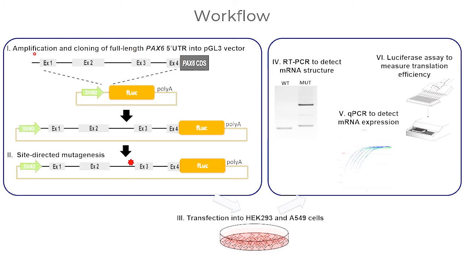For this, we cloned a full-length PAX6 5' UTR, including full-sized introns, into luciferase vector and fused the 5' UTR with luciferase. Using site-directed mutagenesis, we introduced studied variants, and all obtained plasmids were transfected into 2 cell lines. After this, we performed RT-PCR, qPCR, and luciferase analysis.